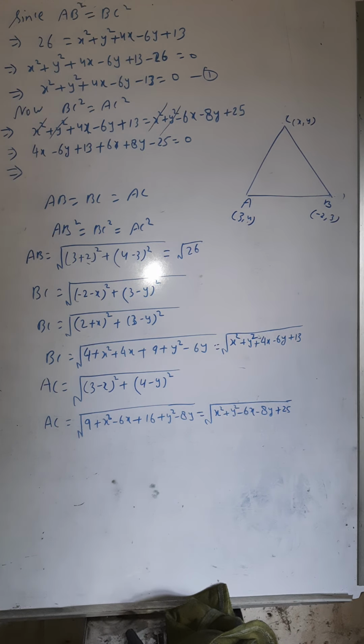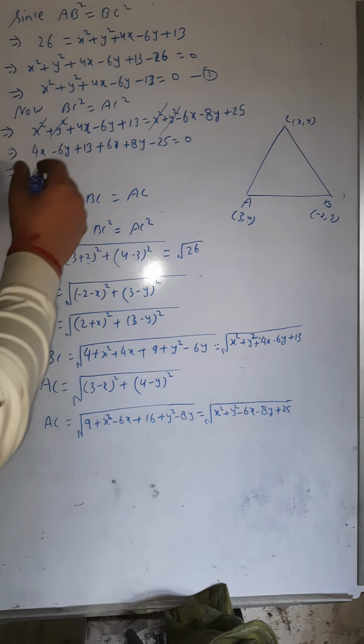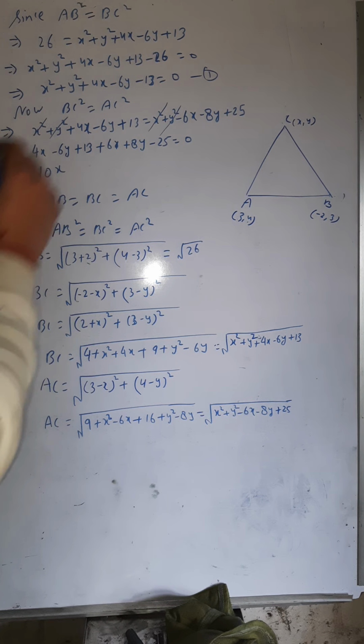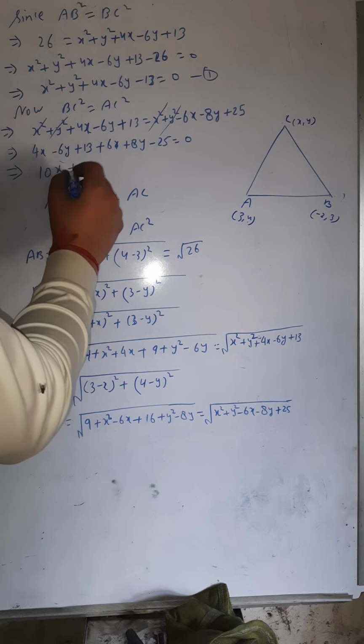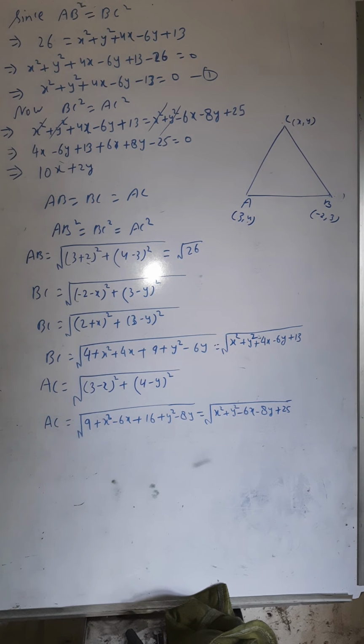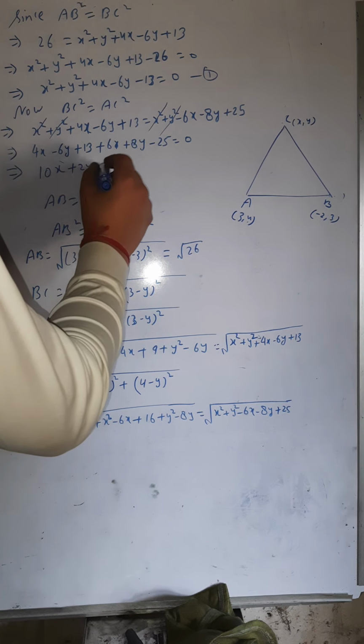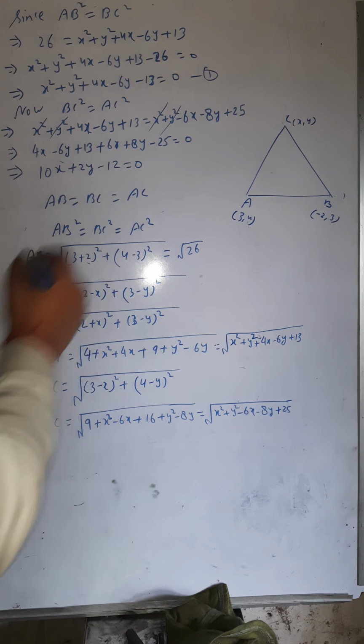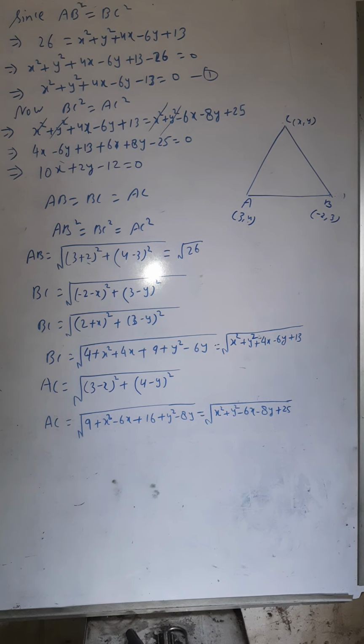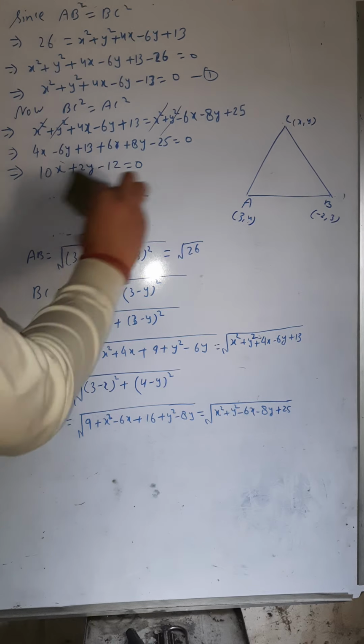Now 4 plus 6 will be 10x. Getting this? Minus 6y plus 8y will be plus 2y, and 13 minus 25 will be minus 12, equals to 0. Okay. So now I'm going to erase this downside.